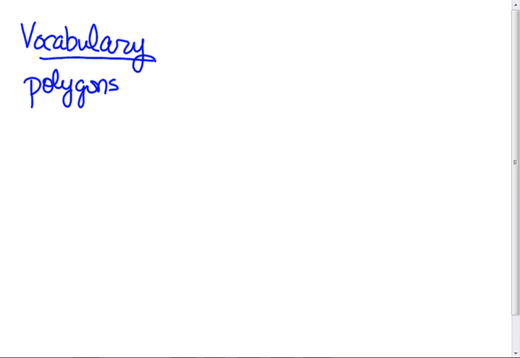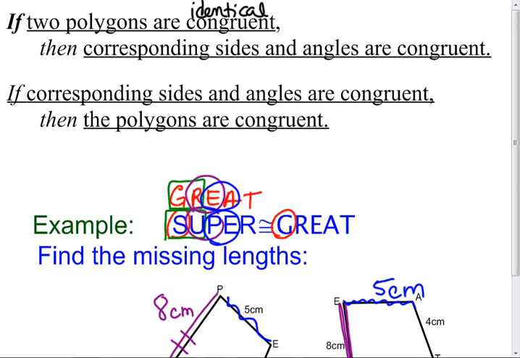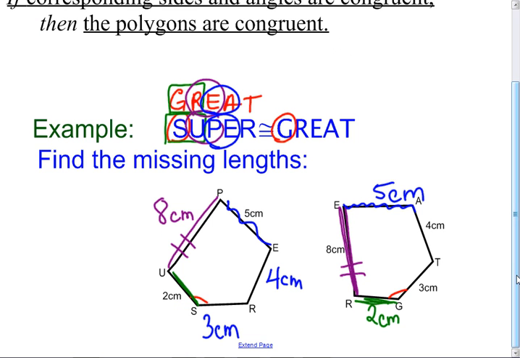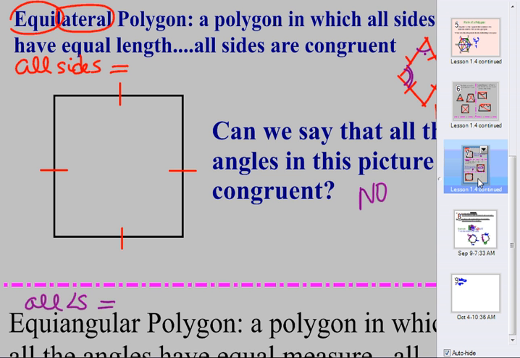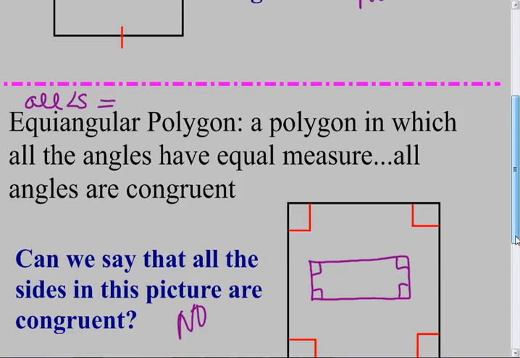Oh no, I missed one. Sorry, I missed regular. Where's regular? I'm missing a slide, aren't I? No, we should have regular polygons. I did it in last class.